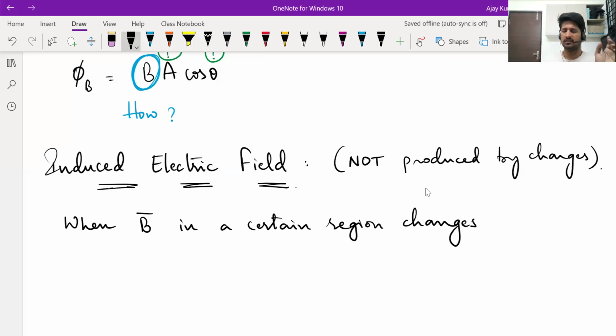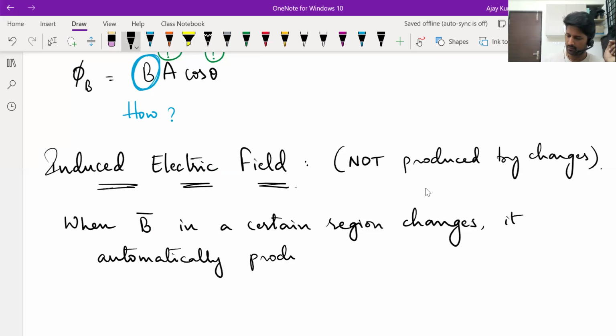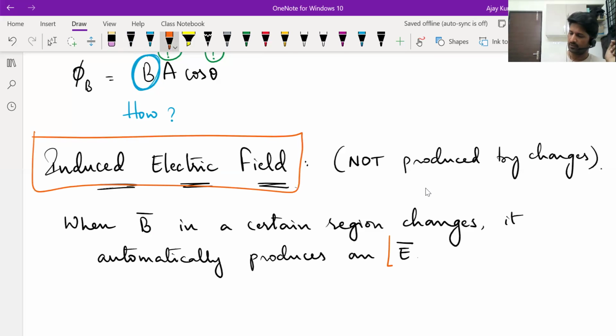If the magnetic field in a certain region changes, it automatically produces an electric field. This electric field is what we call the induced electric field. It is not like the regular electric field that we studied till now. This electric field arises from a time varying magnetic field.